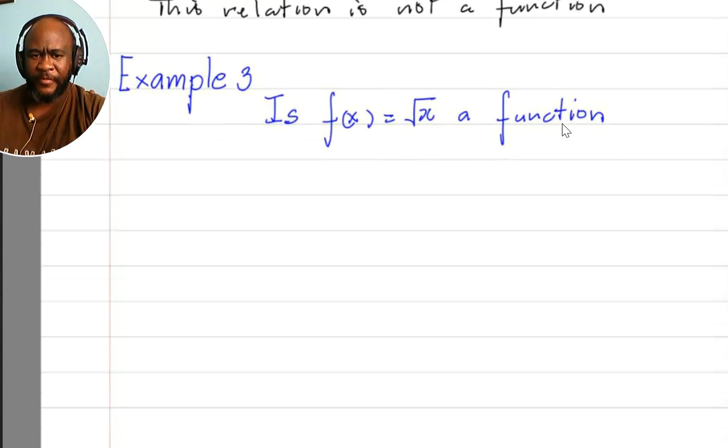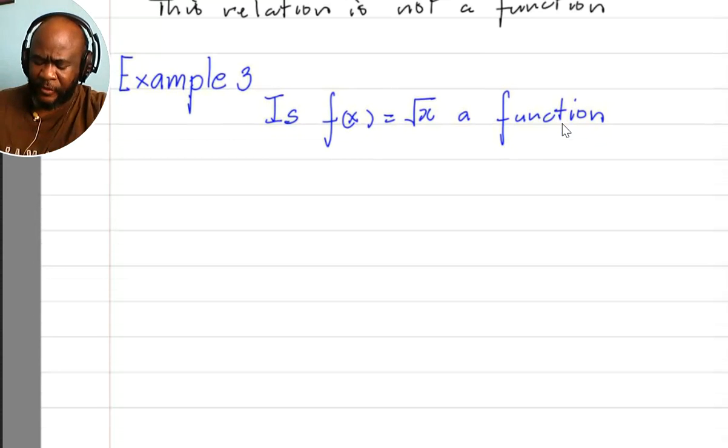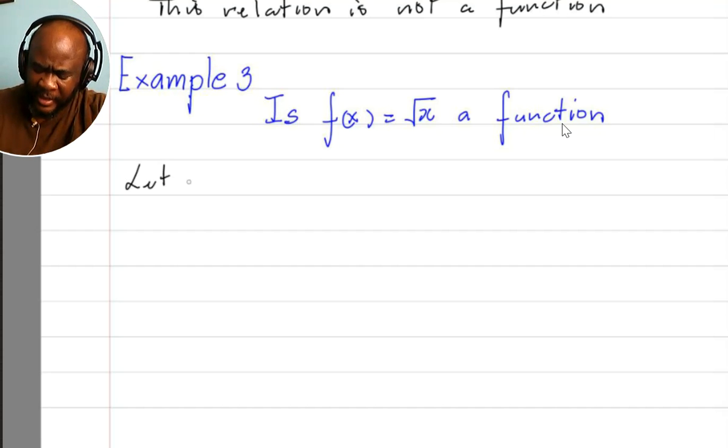Example 3. Is f of x equal to the square root of x a function? Well, let's find out. Let us select a domain element. Let x be equal to 9.